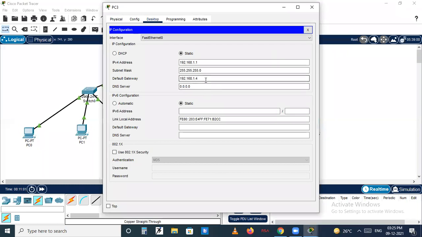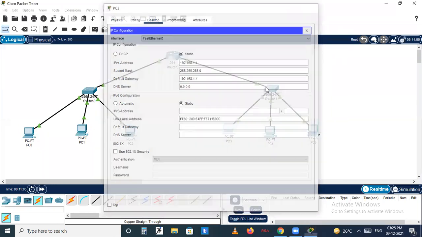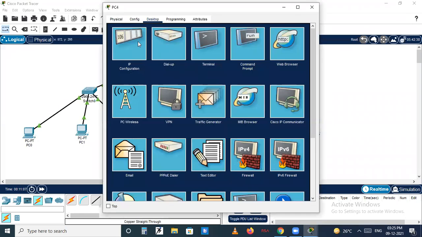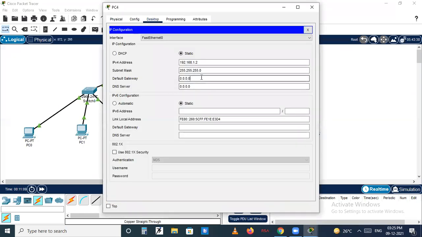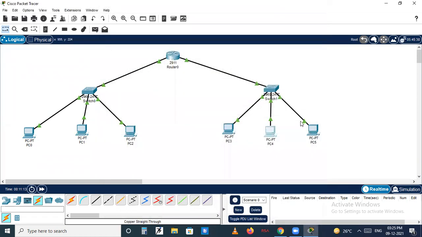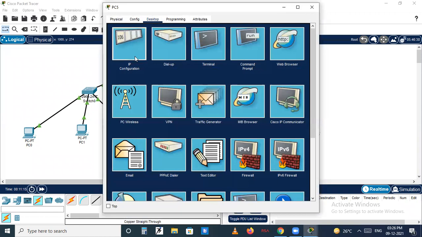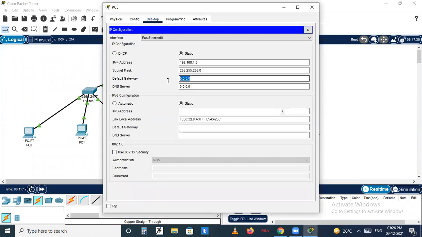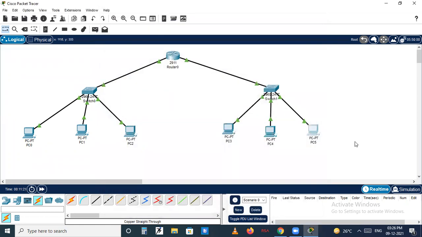So it is the default gateway for this PC, and it will be the same for all the PCs in this network. And same here. Right. So now we have given the default gateway also.